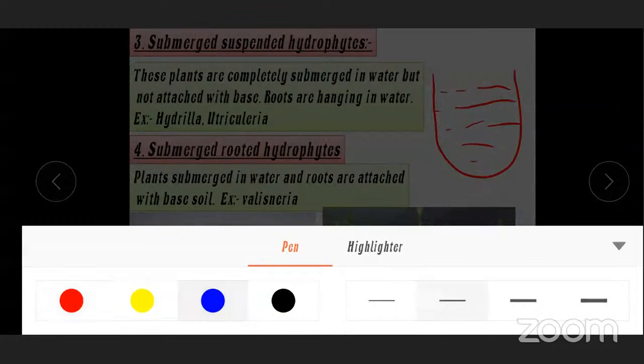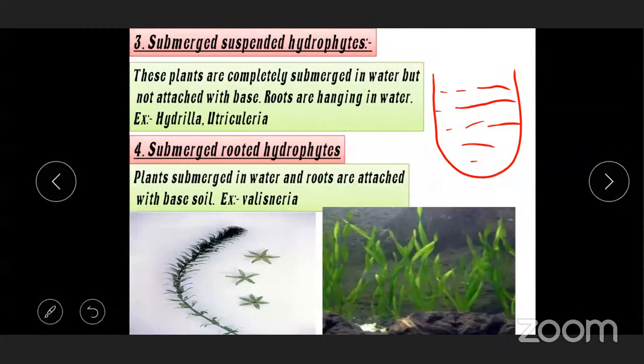What do submerged suspended hydrophytes mean? These plants are completely submerged in water. Submerged means completely sunk in the water. They are not attached with the base; the roots are hanging in the water. These plants are present in the middle of the water, not floating, not rooted.